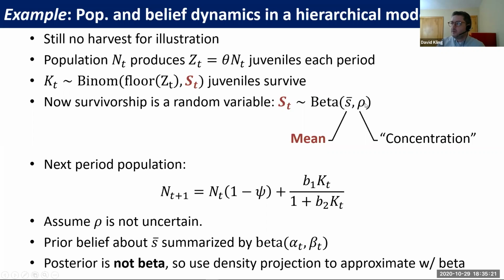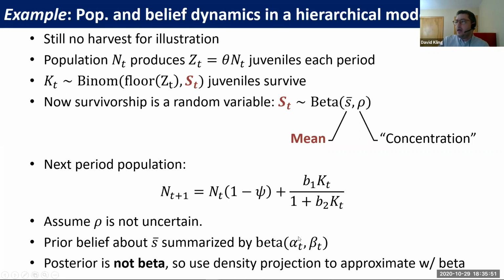We're going to assume that the concentration is fixed and known to the decision maker, but we're learning about this S bar. That's not a hugely unrealistic assumption at all. You could think of it as: we have some information about the regime generating survivorship, but we're uncertain about some component of it.